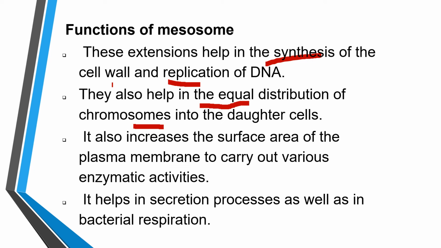Third, it provides surface area for various types of enzymatic activities. And the last function is it helps in secretion processes, as well as the very important function that it helps in bacterial respiration. Its role is in respiration same as mitochondria plays its role in case of eukaryotic cells.